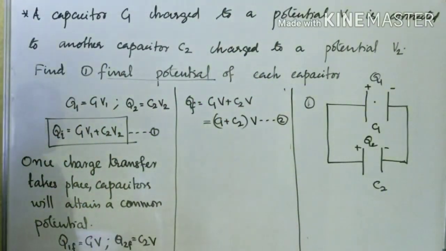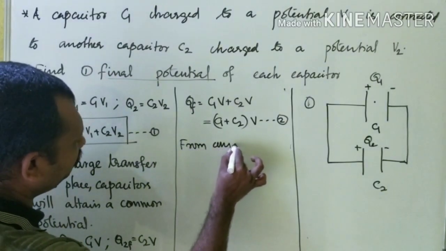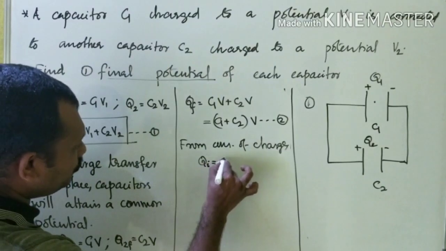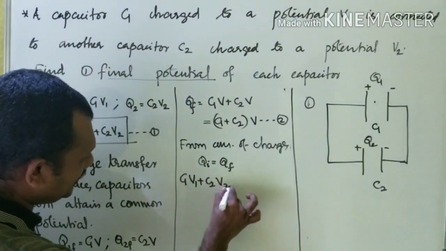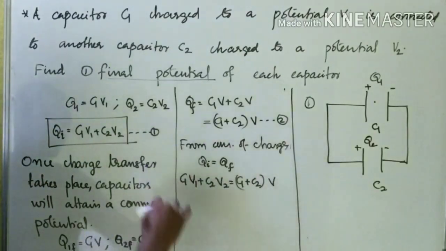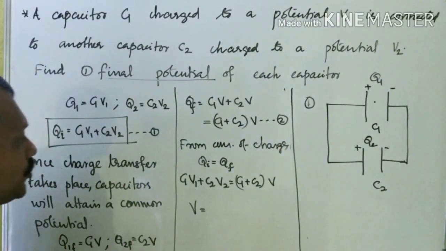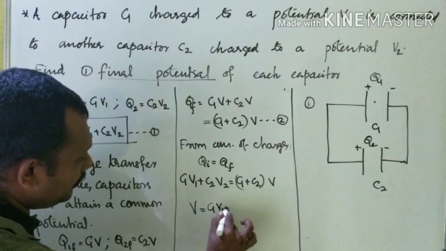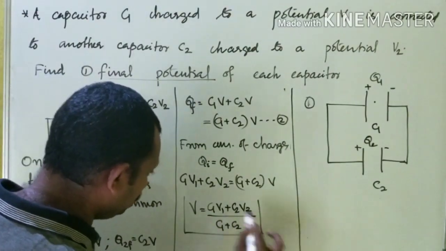Now we can use the conservation of charge, which implies Qi is equal to Qf, which means C1 V1 plus C2 V2 is equal to (C1 plus C2) into V. This will give you V. That will give you V is equal to C1 V1 plus C2 V2 divided by C1 plus C2.